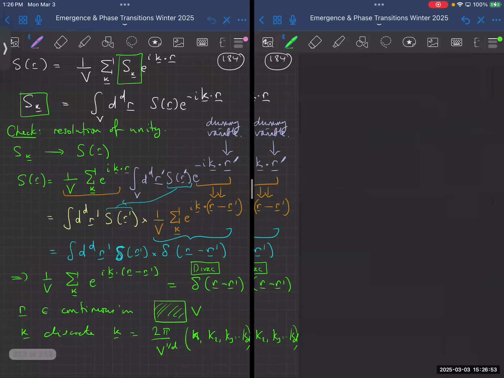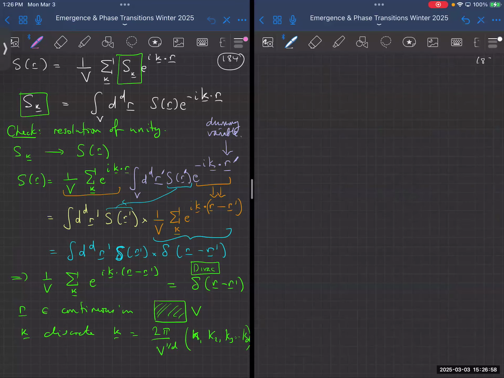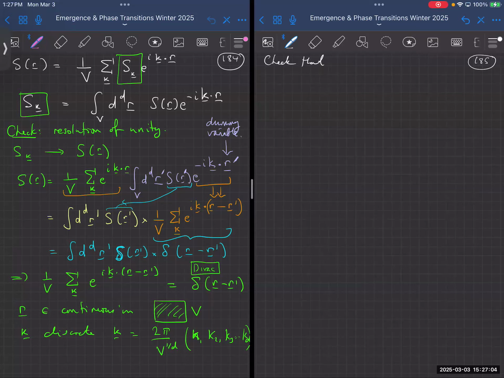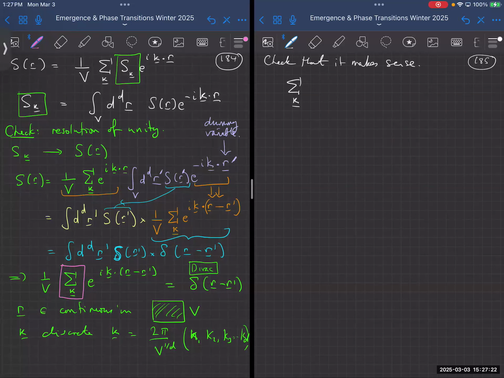Okay, and then we can check that this makes sense. So how do we check that? Well, this sum over K on the left-hand side, whenever you have a sum over K, as I take the system size going to infinity, then the sum over K is going to go to some integral dK, right?